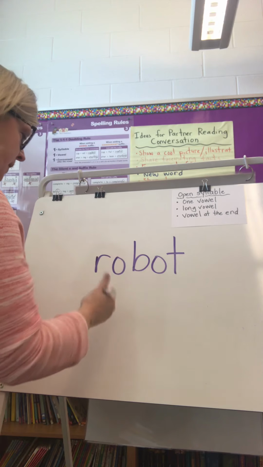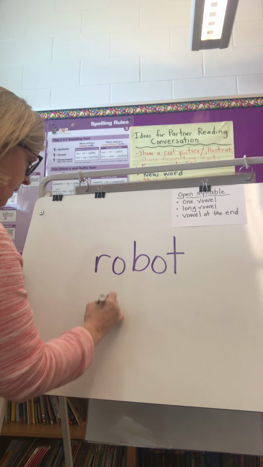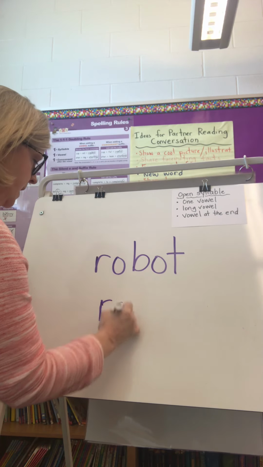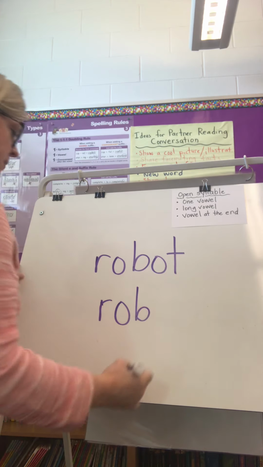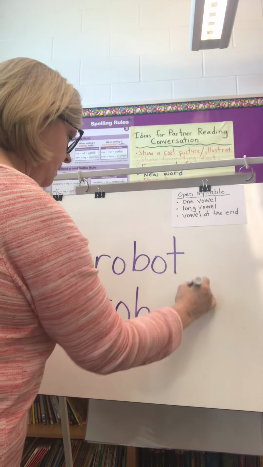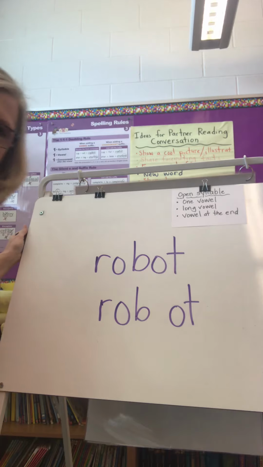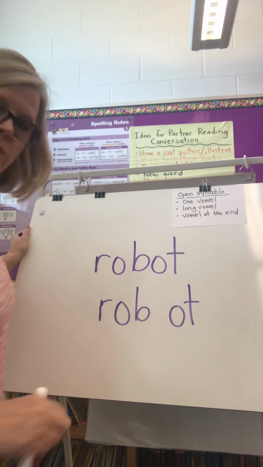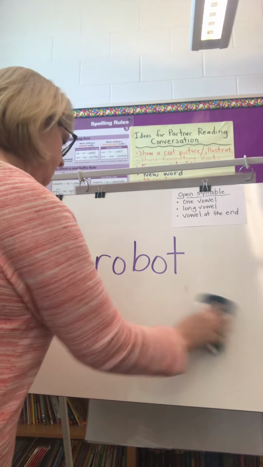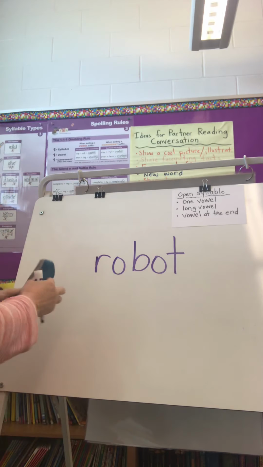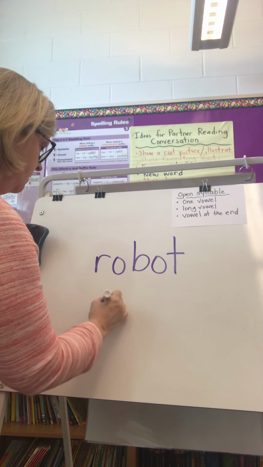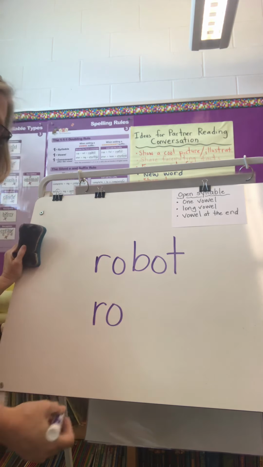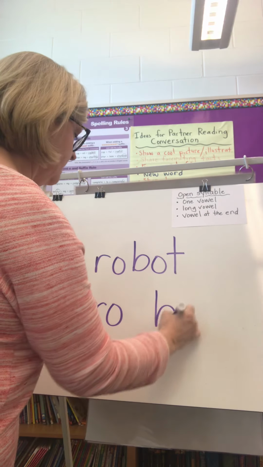Let me rewrite it this way. If I do it this way, it would be rob, ot. That's not how we say it, okay? We say row with the long O sound. So that was incorrect. Let's write it R-O. There's our first syllable. And bot.